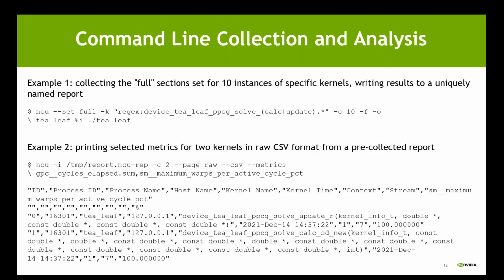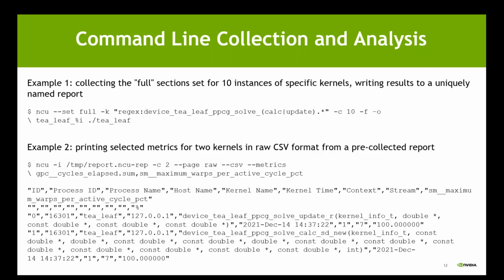We're filtering the kernels that should be profiled using a regular expression. We only want 10 kernels, force override any existing file, writing the report into a file with a placeholder to auto-increment the numbering of the reports, and then the application that is profiled.